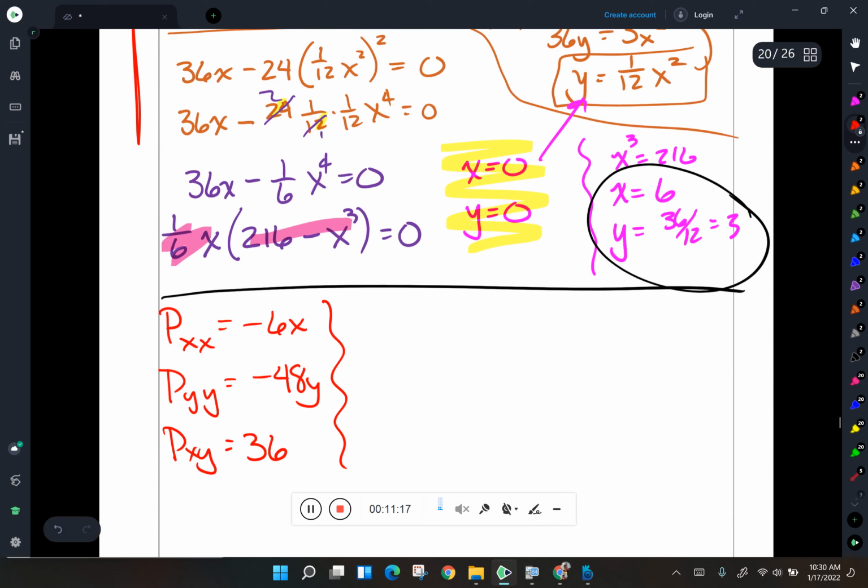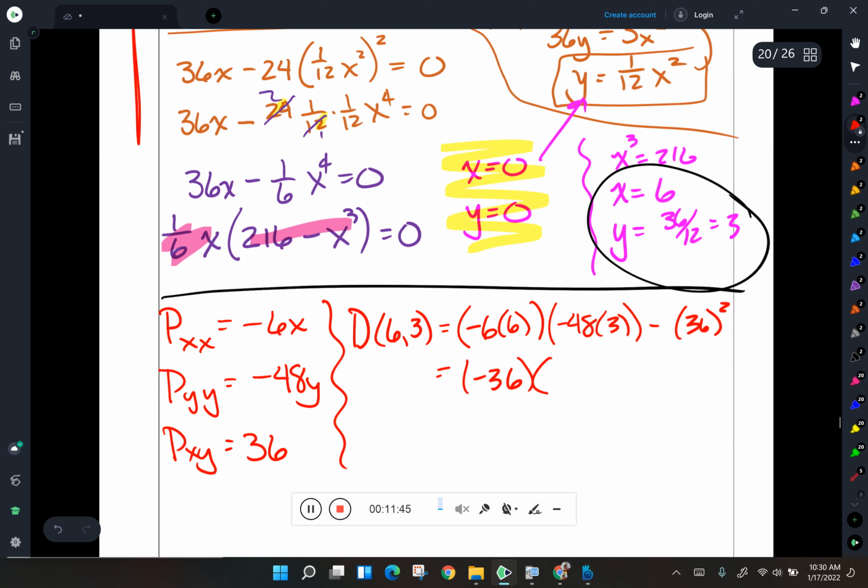So then plugging it in, I get that the discriminant at the point (6, 3) is going to be p xx, so negative 6 times 6, times p yy, which is negative 48 times 3, minus p xy squared. So that's negative 36 times negative 144 minus 36 squared. 48 times 3 is 144.